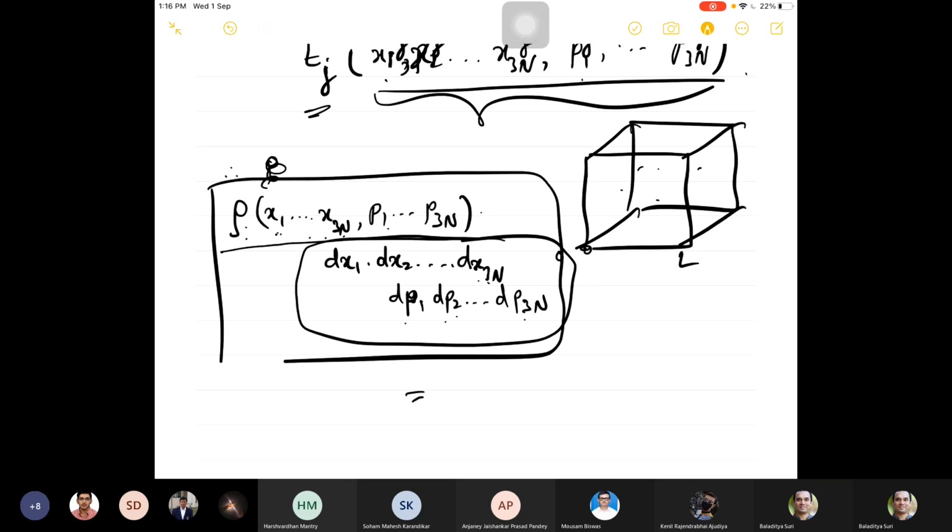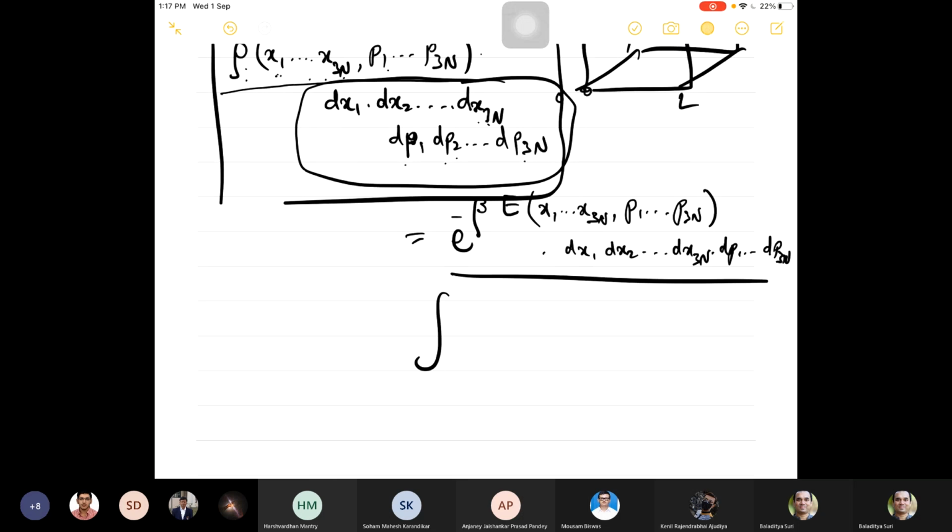That will be equal to e to the power of minus beta E, which is a function of x1 to x3n, p1 to p3n, times dx1, dx2, and so on up to dx3n, dp1, and so on up to dp3n, divided by the normalization constant, which will obviously be a multiple integral over all x1 to x3n, dp1 to dp3n of the same probability.